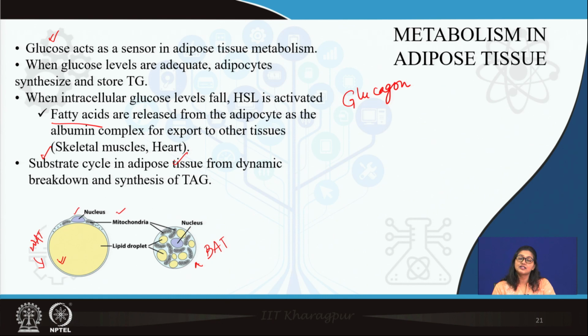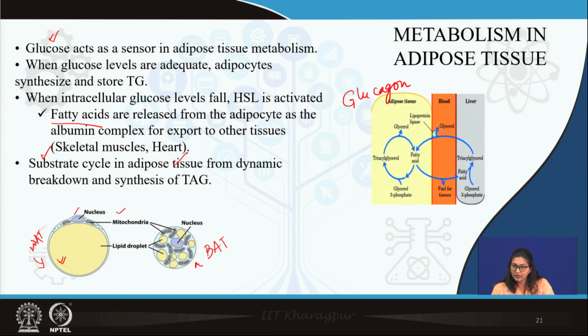Then there is a substrate cycle which is present in adipose tissue. Now, you are much aware of this diagram, already discussed in the class on triacylglycerol synthesis. This cycle is known as the triacylglycerol cycle, where you can see there is continuous breakdown of triacylglycerol in adipose tissue, forming glycerol and free fatty acid.